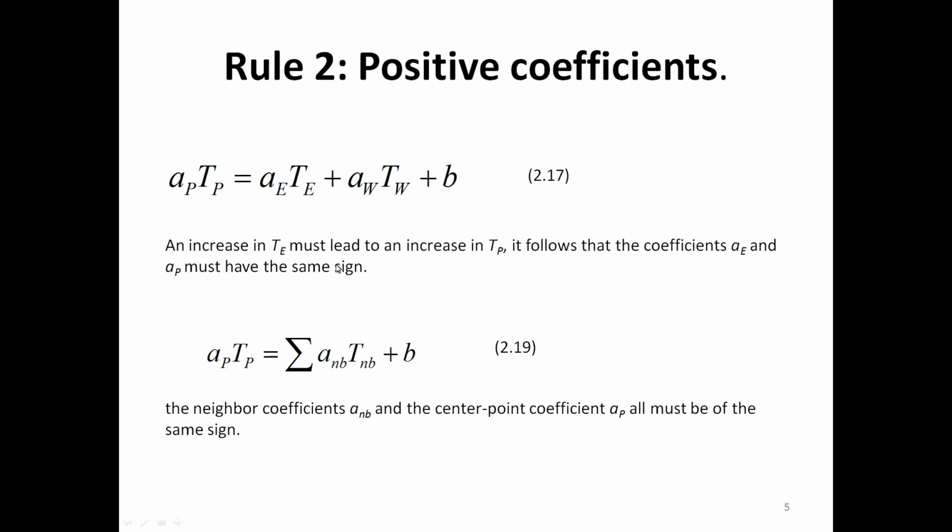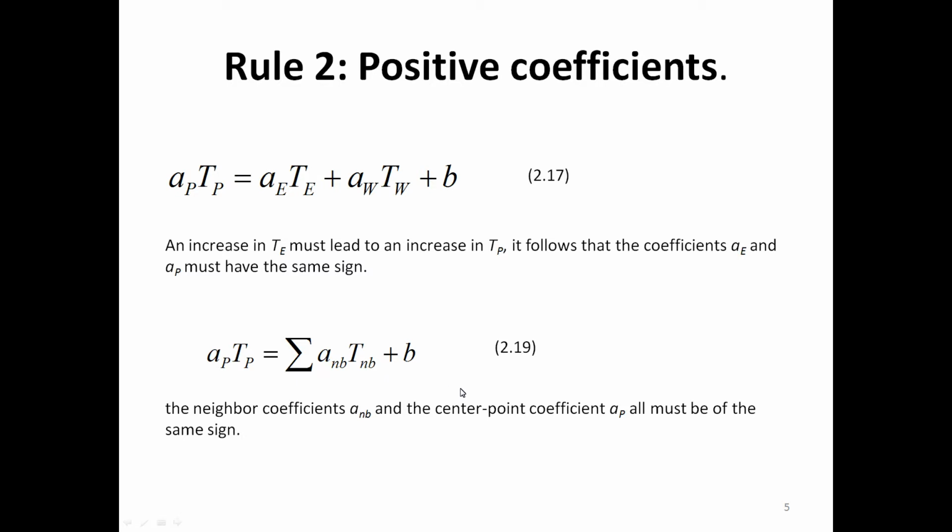In other words, for the general equation 2.19, the neighbor coefficients a sub nb and the center point coefficient a sub P all must be of the same sign. We can of course choose to make them all positive or all negative.